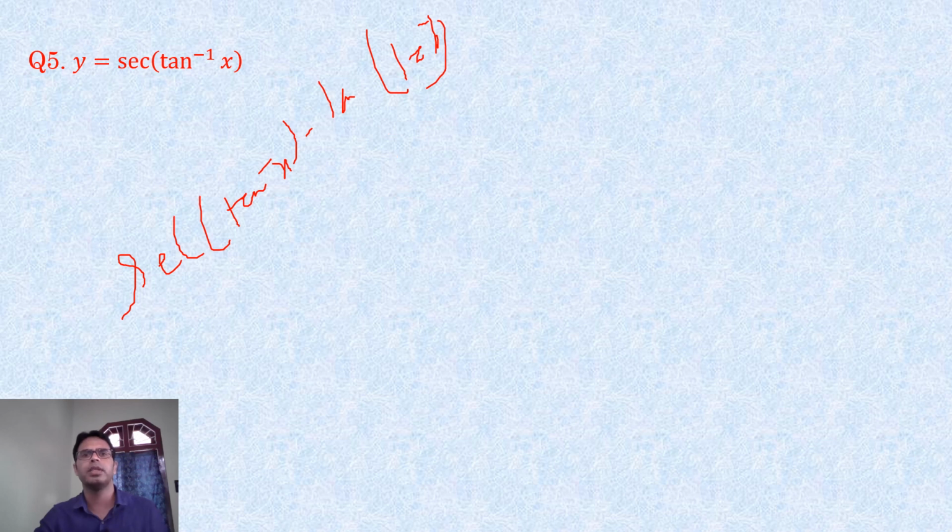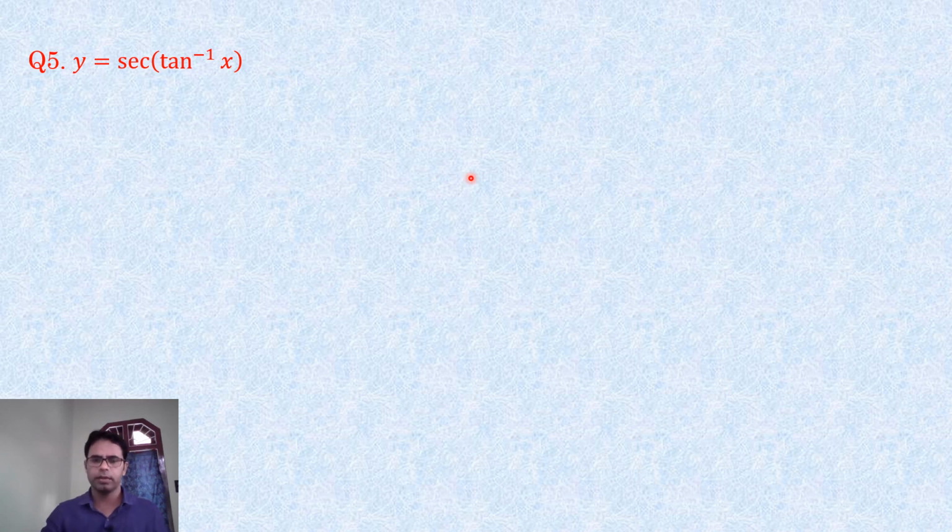So in these types of problems you always try to convert the inner inverse term in terms of the outer term, so you should convert tan inverse in terms of sec inverse, so that sec and sec inverse remove each other. Okay, for that we have a technique here.